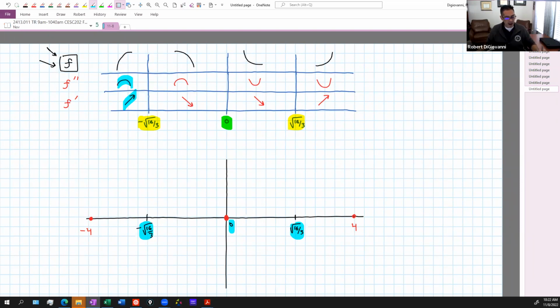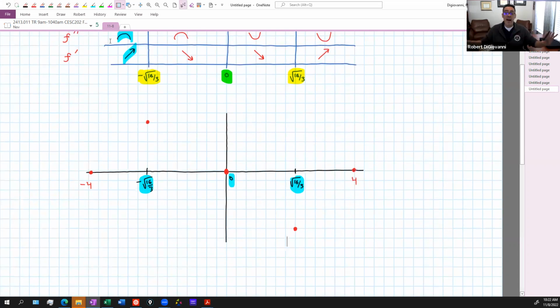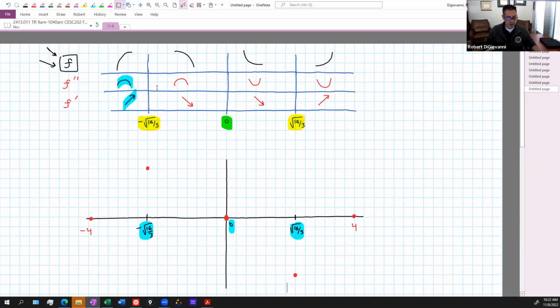When I plug this in, I'm going to get some point up here, and then over here, I'm going to get some point over here like this. Y'all trust me that that's what would happen? And once I have that, I can draw the picture.